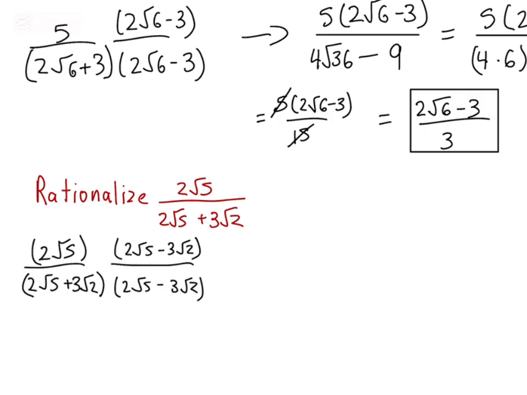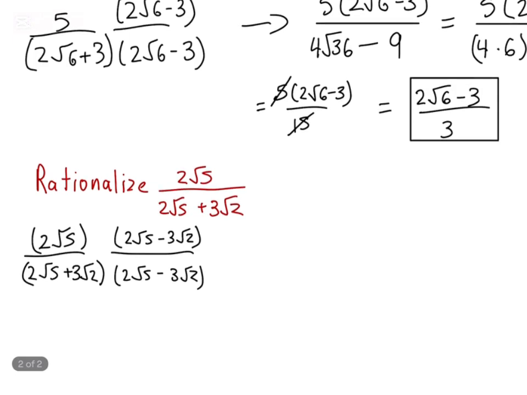Okay, so now we multiplied both sides by the conjugate, and now we've got to simplify.